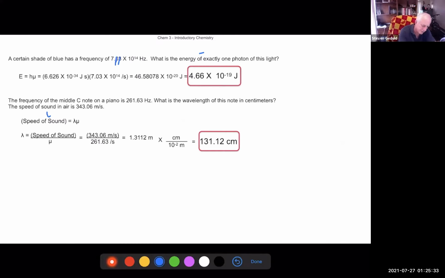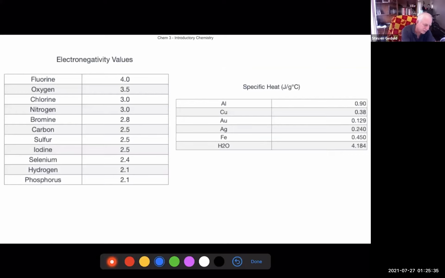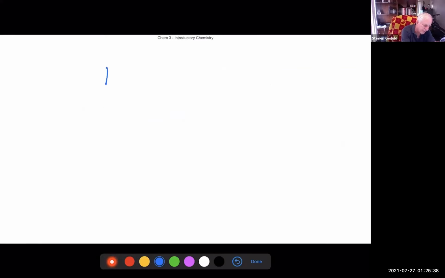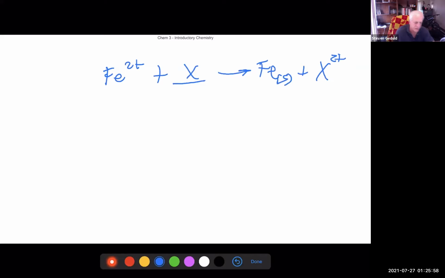So say we have Fe2+ plus some compound X goes to Fe solid plus X2+, whatever it is.